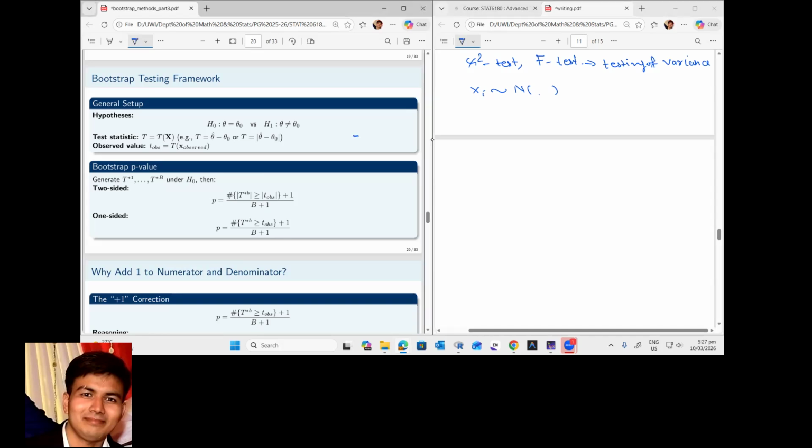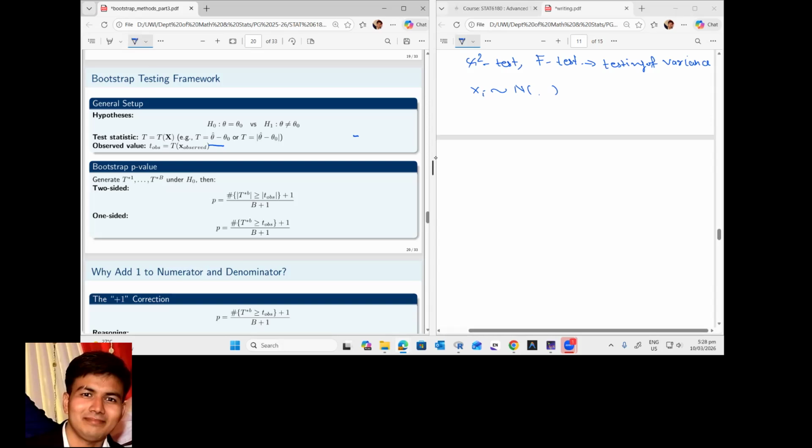Let T equal T(X), for example theta cap minus theta naught, or its absolute difference, or any other statistic we want to compute, and let T observed be its observed value.